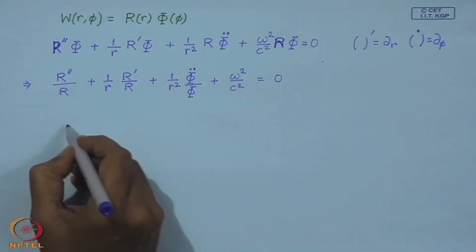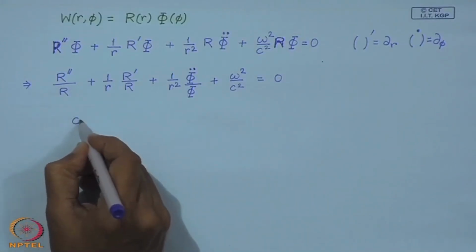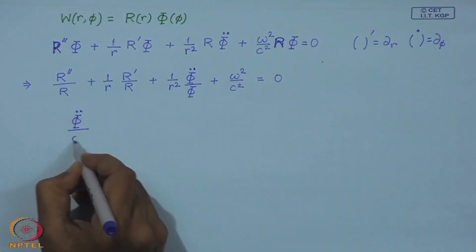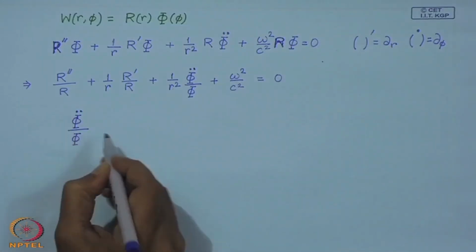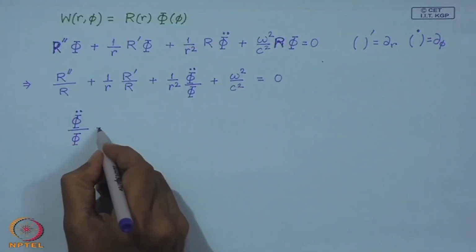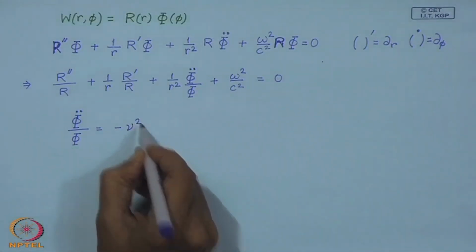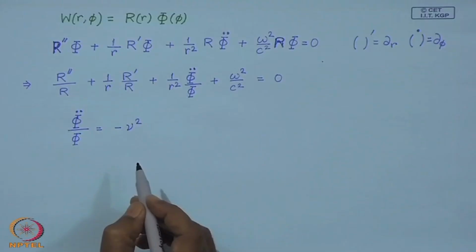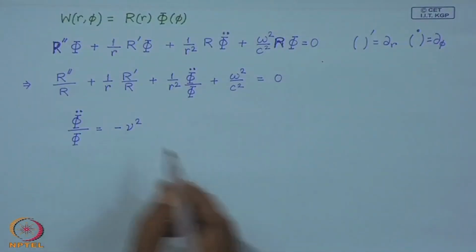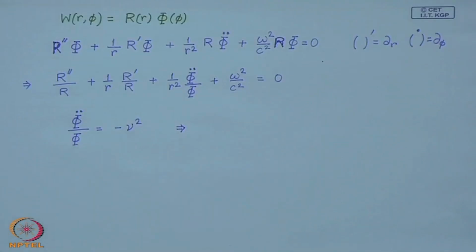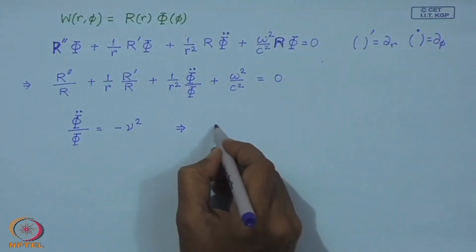So, I will write it as minus nu square, for reasons that will be clear later.